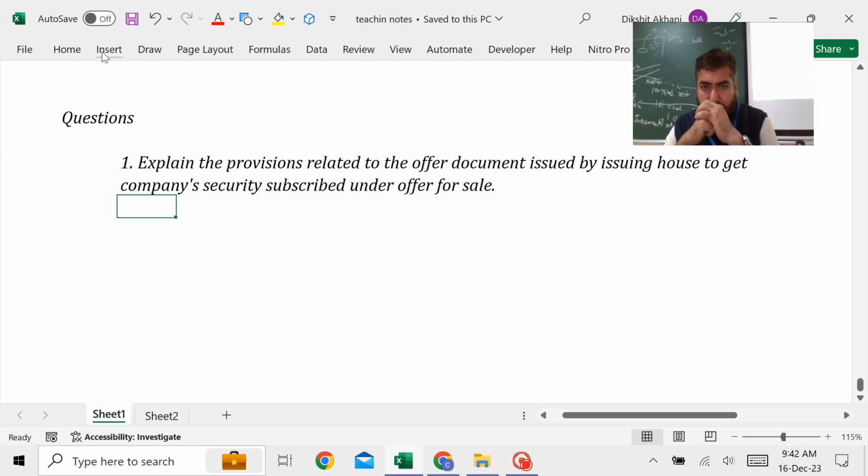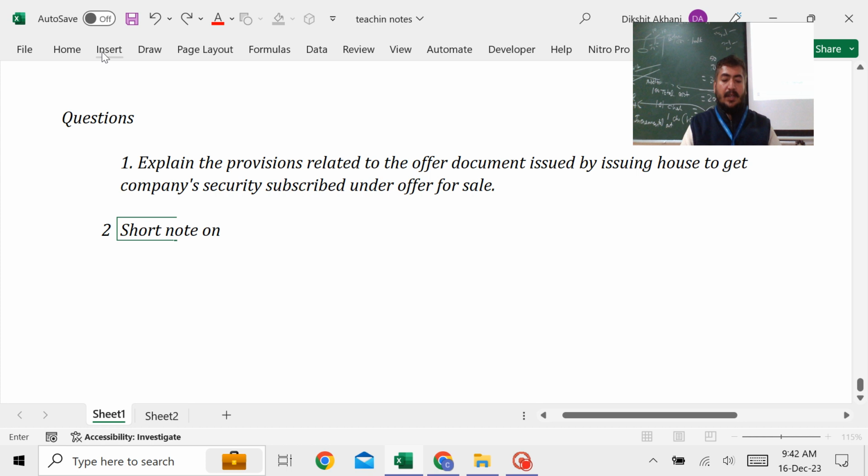But I would like to highlight the two technical words. The same question they can ask in another context also. They can write a short note on deemed prospectus. Deemed prospectus.